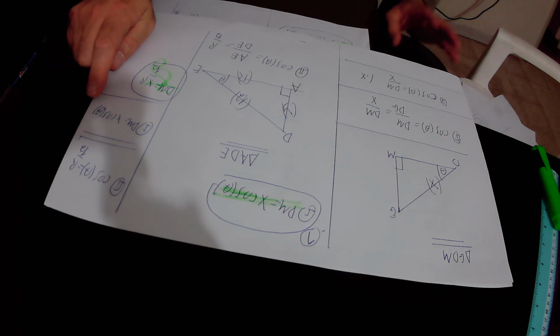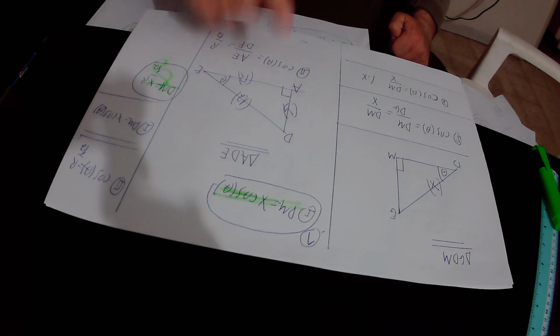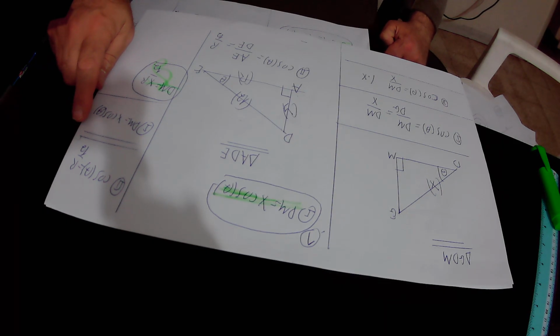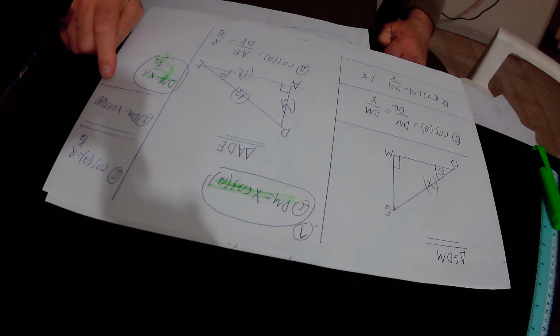This is according to equation 2, while according to equation 1, we have already found out that DM equals x times cosine theta. Now we can substitute cosine theta in equation 1 by R over 12 from equation 2.